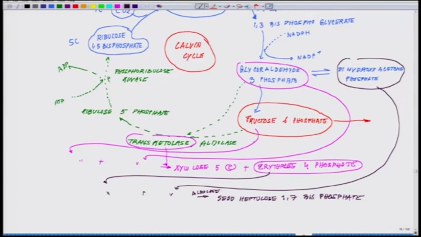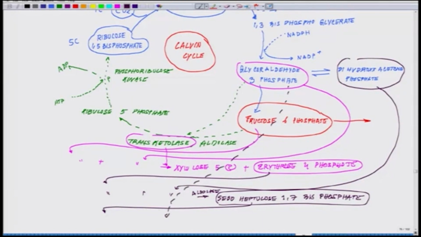Now, the pseudoheptulose bisphosphate, if you react this one again with glyceraldehyde 3-phosphate, in the presence of transketolase you will get ribose 5-phosphate plus xylulose 5-phosphate.